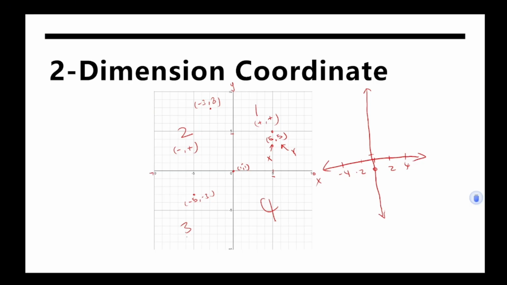In the third quadrant, both values are negative: negative x, negative y. And in the fourth quadrant, the y value is negative: positive x, negative y. One thing you need to know is that 0 here, the value (0, 0), is also called the origin.